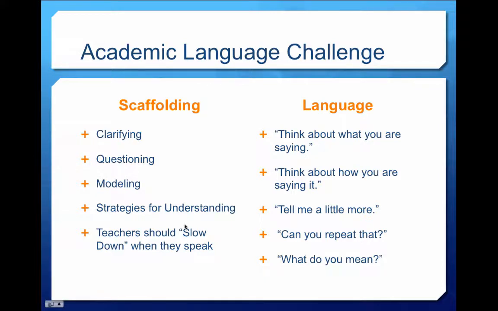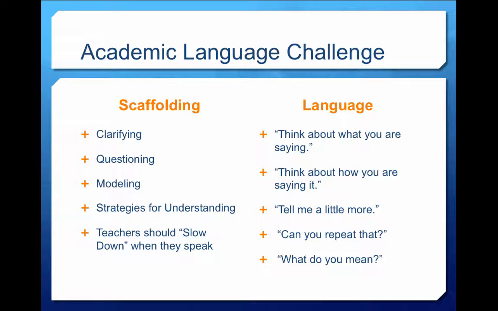So, academic language. The challenge with academic language, really quickly, just to bring up for teachers, if your teachers are struggling with how to manage that academic language, the best thing to do for them is to reaffirm what scaffolding is for them, of course.